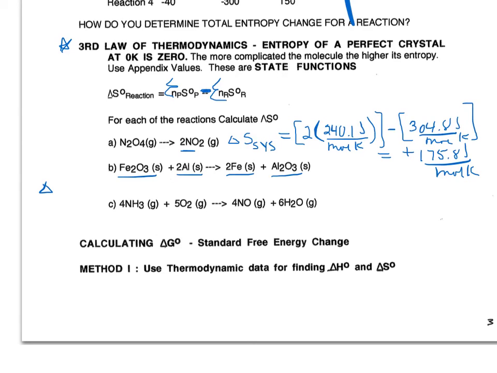I don't know. Let's see. Delta S of this system is going to be, again, the summation of the products minus the summation of the reactants. So my products here, with the iron, if you look it up, there's 2 moles of iron, that's supposed to be a 2, and it is 27.78 joules per mole Kelvin.